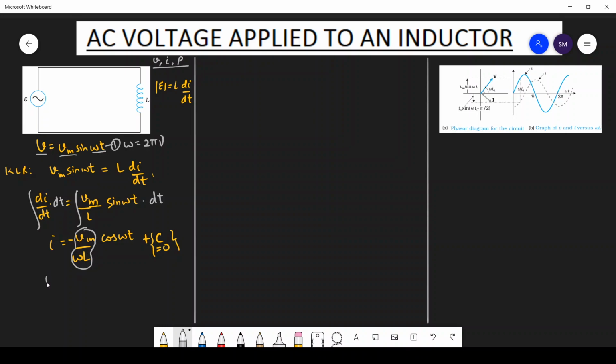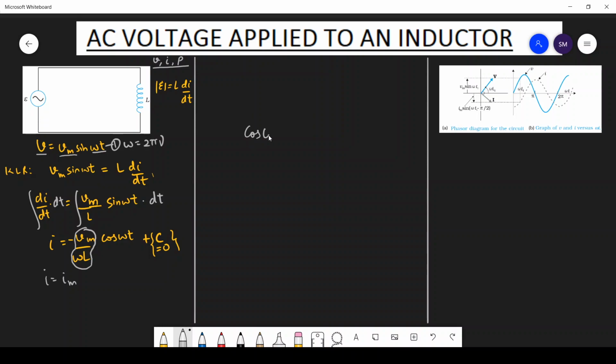So I equals Im times minus cos omega t. Instead of a minus here, I want a plus, so I don't want this minus. And instead of cos, I want sine. So two things I want. I want to change cos to sine.